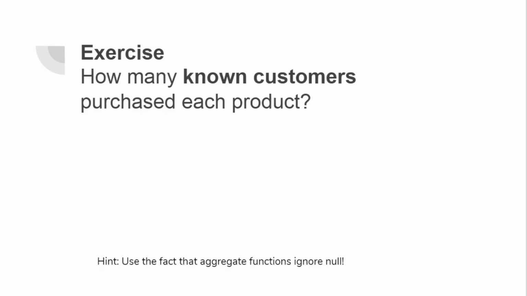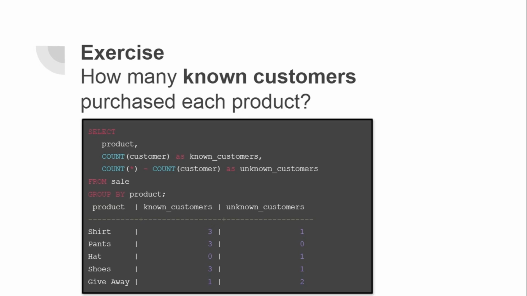Now I want you to try and count how many known customers purchased each product. We want to find the number of known customers who purchased each product. And we know that aggregate functions ignore null values, so we can use that fact to count two metrics.